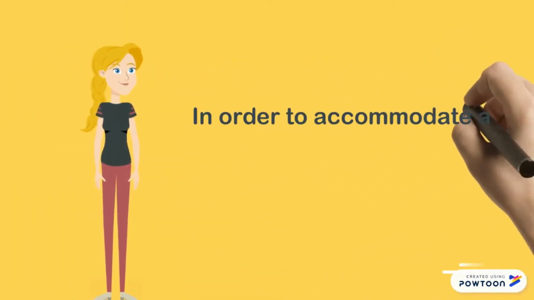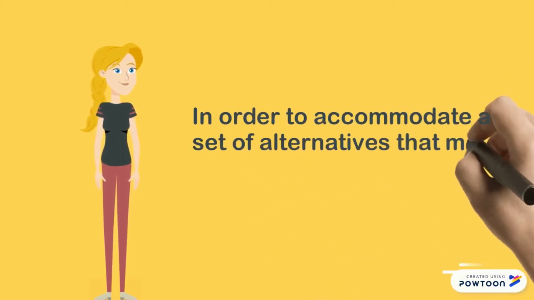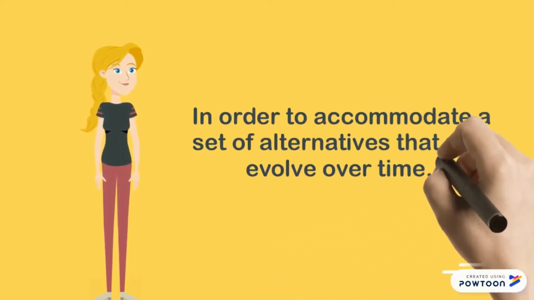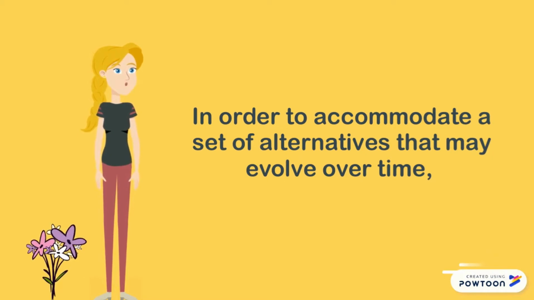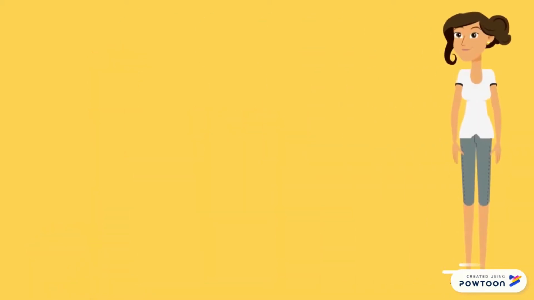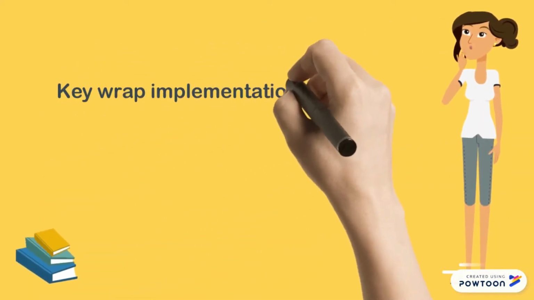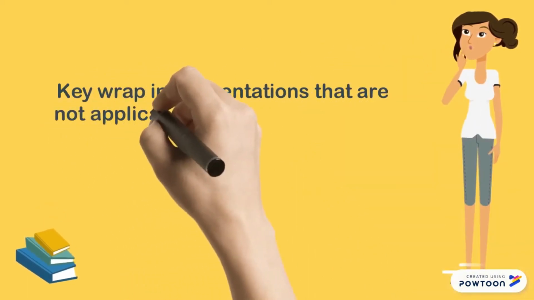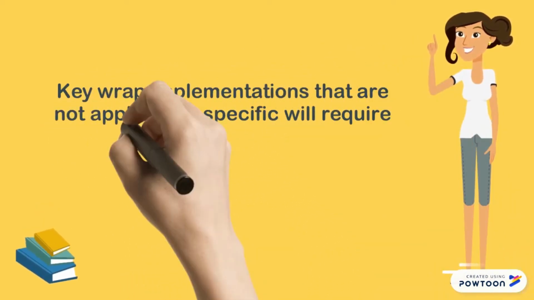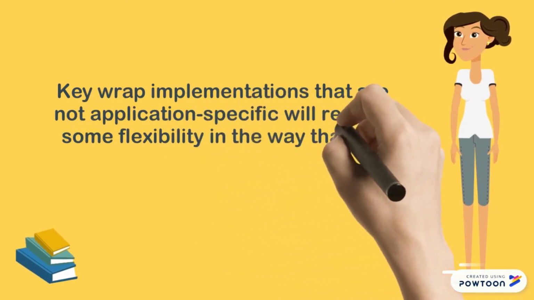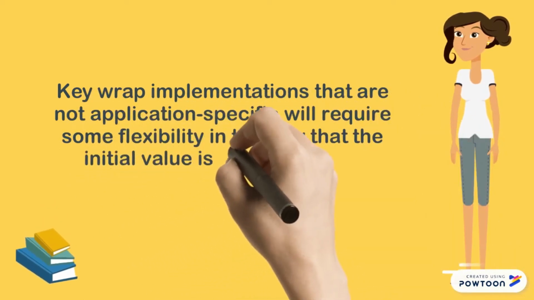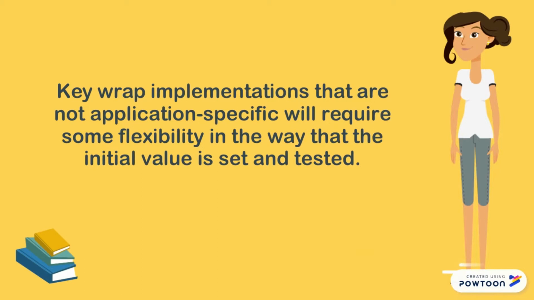In order to accommodate a set of alternatives that may evolve over time, key wrap implementations that are not application-specific will require some flexibility in the way that the initial value is set and tested.